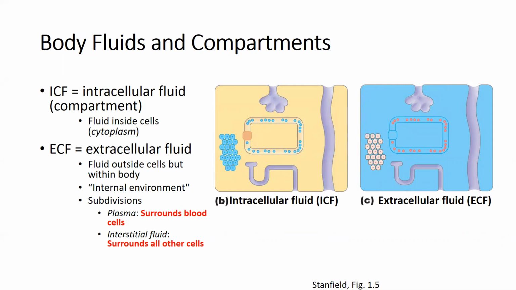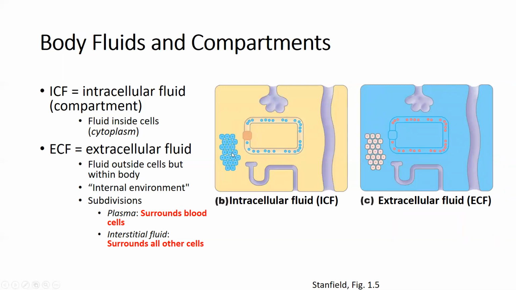Then there's your extracellular fluid compartment. This is everything that is not inside the cell. When you look at the image on the right here, everything that's not inside these cells constitutes your extracellular fluid. Okay, it's still inside your internal environment, but it's not inside your cells. Whereas the intracellular fluid was everything inside your cells. So you have your red blood cells, you have your tissue cells here.